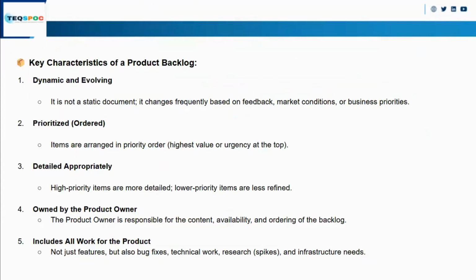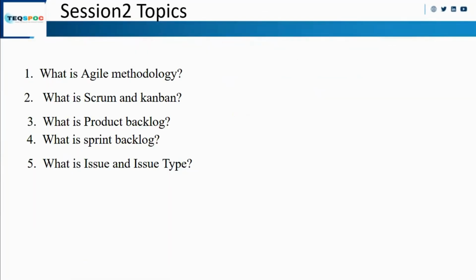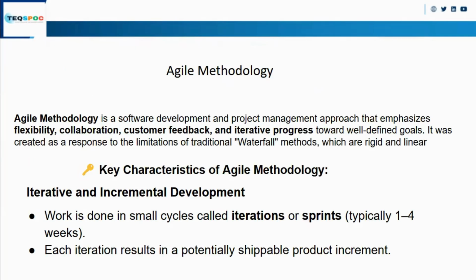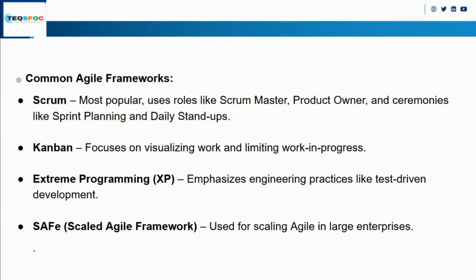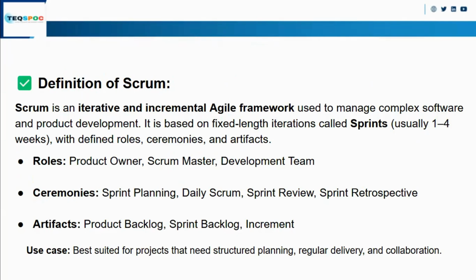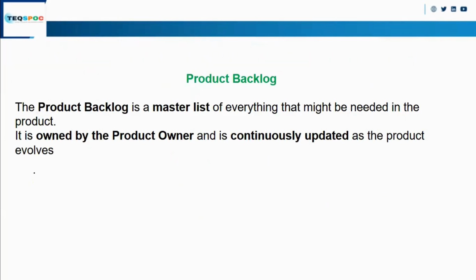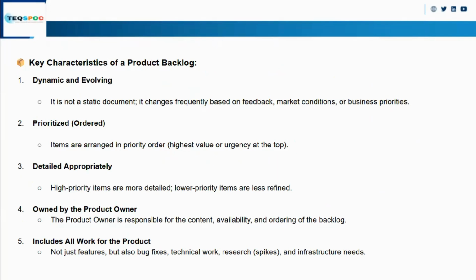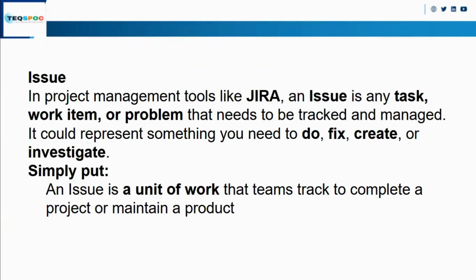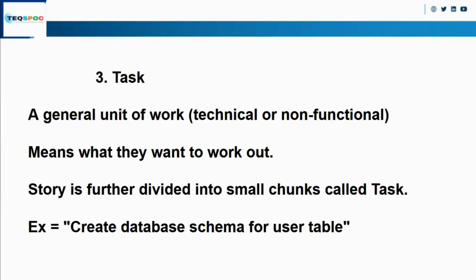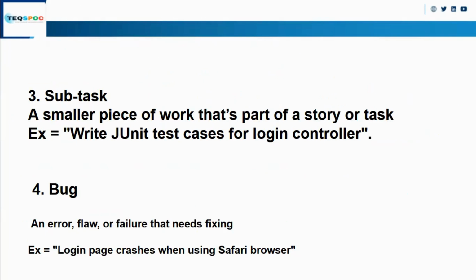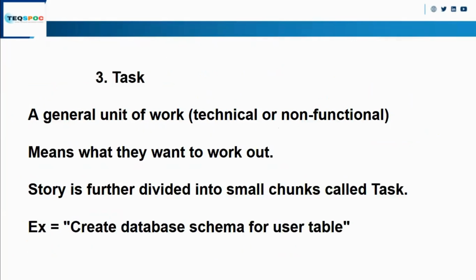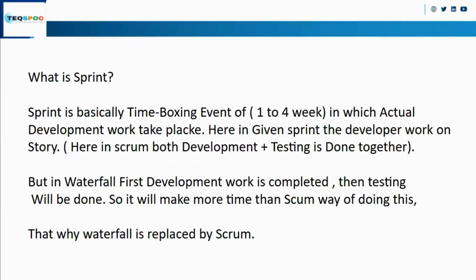Now we have talked about some basic terminologies in session two: what is agile methodology, what are the Scrum and Kanban frameworks, what is extreme programming and SAFe, then what is the definition of Scrum, what is Kanban, then what is a product backlog, what is a sprint, what are issues, and the different types of issues: stories, tasks, subtasks. You have to remember all this before jumping into the Jira software. So remember this. Thank you.